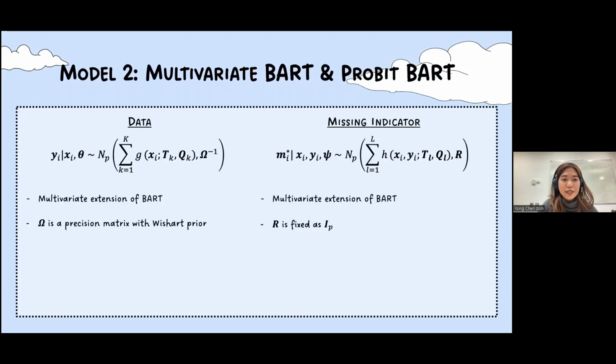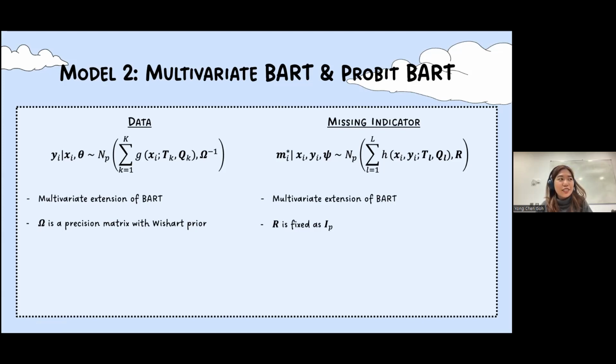So we still have a multivariate BART for the data, but now we have a multivariate PROBIT BART for the missing data indicator. So instead of this linear combination here, we have a sum of trees. And then again, we have a correlation matrix here. There are a few reasons why this model would be better than the first one.